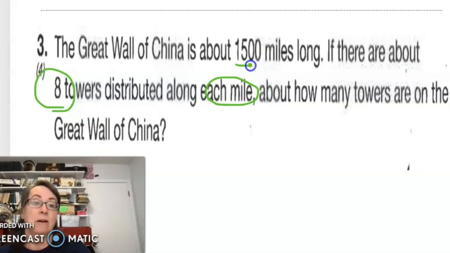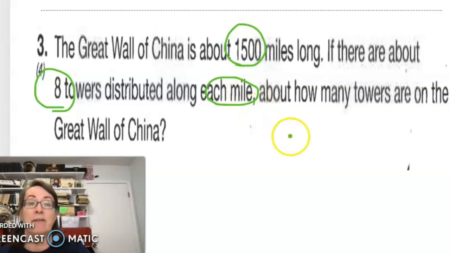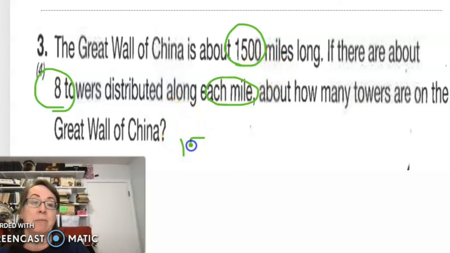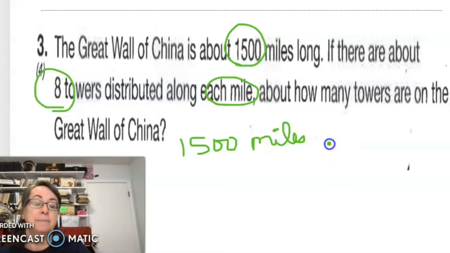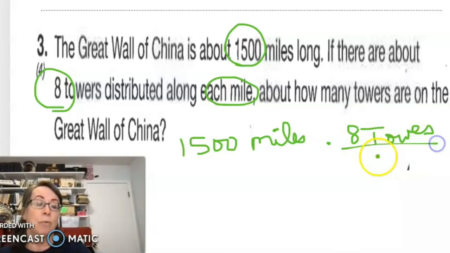So if it's 1,500 miles long, and each and every one of those miles has 8 towers. Now we could write this out more formally. We could say 1,500 miles times 8 towers per 1 mile.